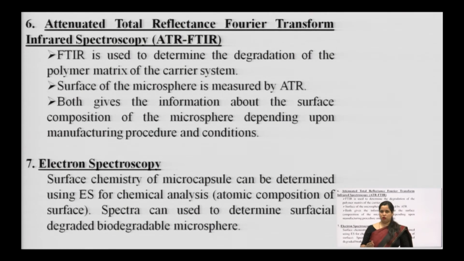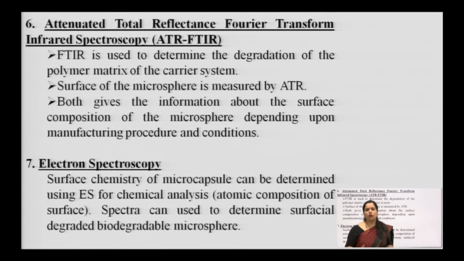Another aspect of this ATR FTIR is to determine the degradation of the matrix of the polymer carrier system, where the carrier here is microsphere. So, the surface of the microsphere is measured by ATR. This is the equipment through which you can evaluate the surface of the microspheres, and it gives information about the surface composition of the microsphere, as the polymer coating is the outer coating.